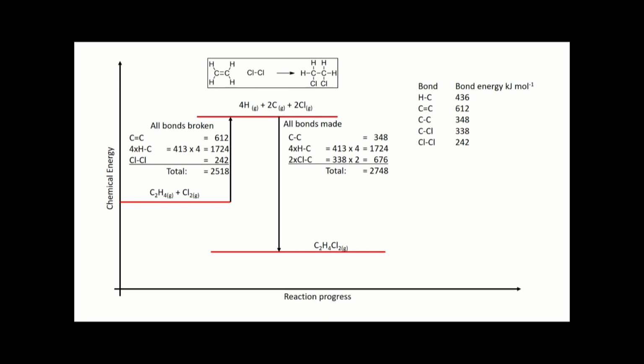But we can do more with this. We can work out exactly how exothermic it is by taking the energy change, 2518 minus 2748, which gives us minus 230 kilojoules per mole. And so we've worked out that this is going to be an exothermic reaction, and it's going to be fairly energetic.